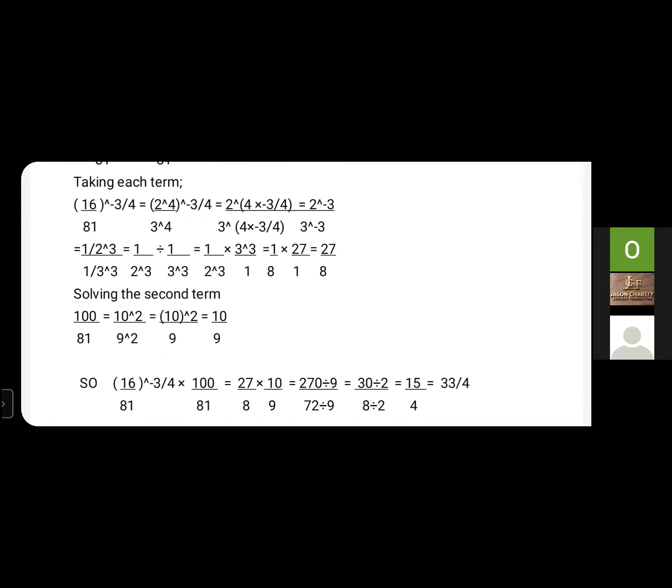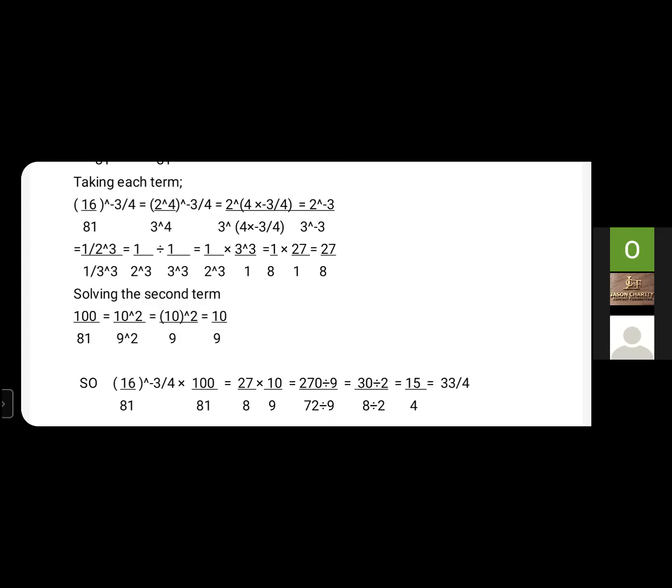So we have the square root of 100 over 81, turning it to, in bracket, half. Now, when we have fractional indices, you express your base as a base and a power, and the power should be broken down into a multiple of the denominator of the power outside of the bracket.